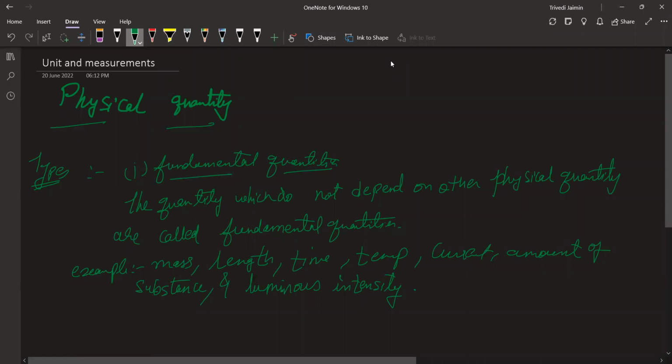These are fundamental quantities. So remember like this, whenever fundamental quantity comes, it means what? It is a basic quantity. Whenever you see fundamental, it is basic. Now next is derived quantity.